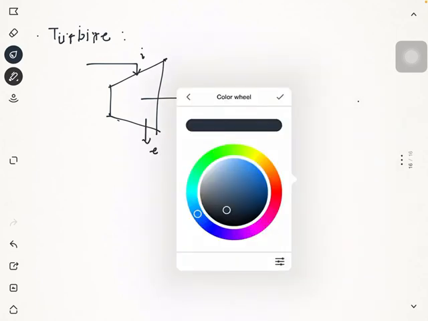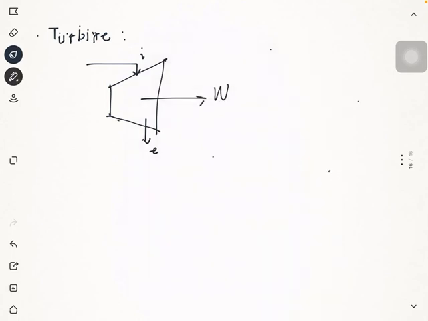This is our work. A turbine will generate work. And of course our m_i is equivalent to m_e for a steady state, steady flow process.